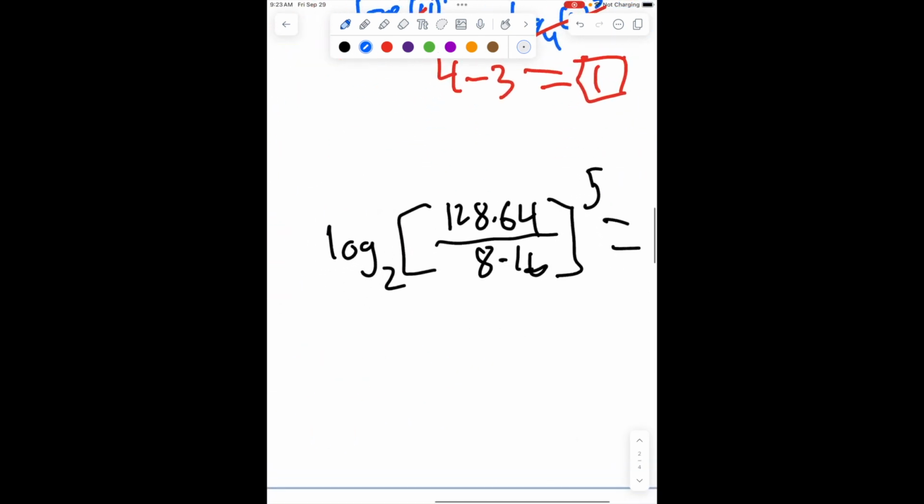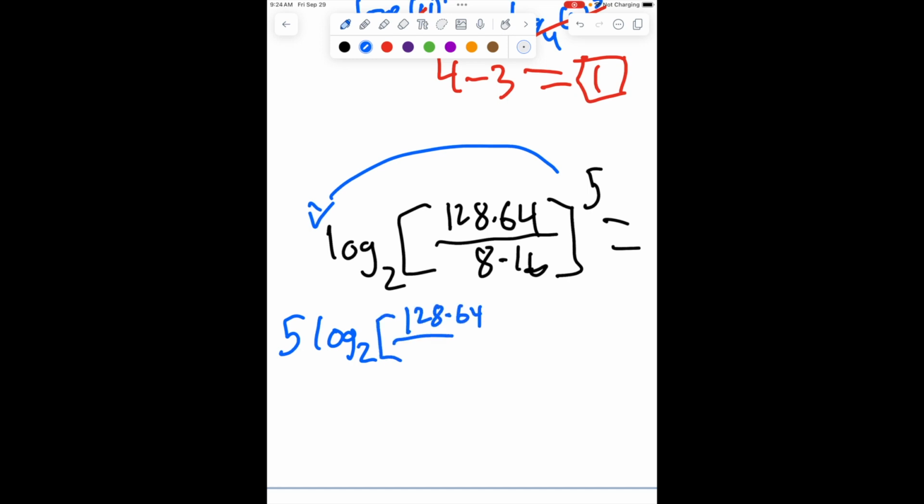First thing I see on this one, I'm going to move my exponent out of the way. So I'm going to move it all the way over here in front: 5 log base 2. Again, this part hasn't changed yet. Now you could multiply it, but you're going to get some numbers that are harder to work with, and you might not know what those square numbers are. So let's go ahead and use our rules and split apart.